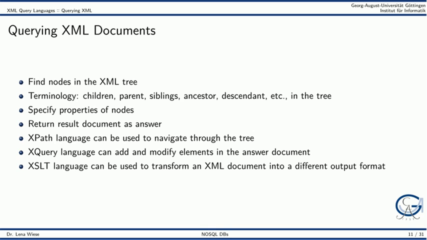Three standards are XPath, XQuery, and XSLT. With XPath, we can simply navigate in the tree, whereas with XQuery, we can add and modify elements in the answer document. With XSLT, we can, for example, transform XML into other output formats.